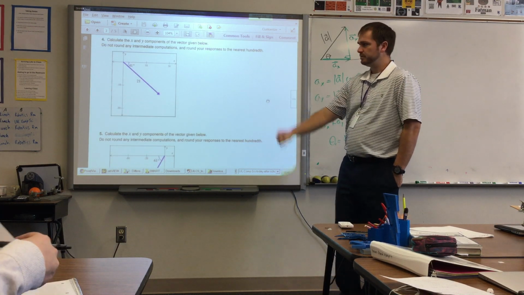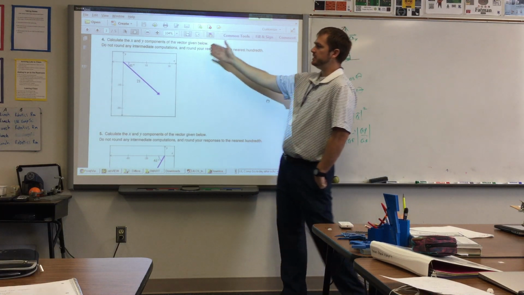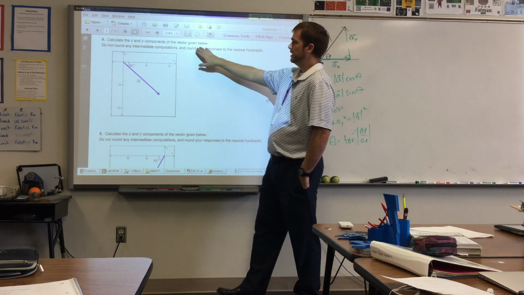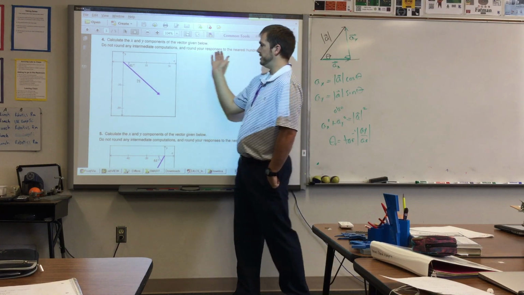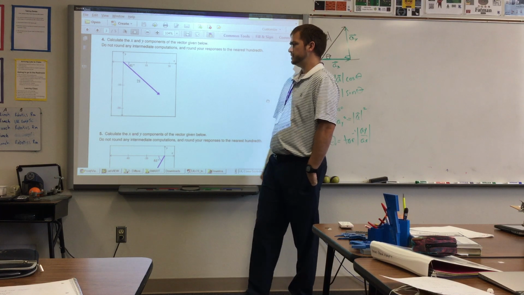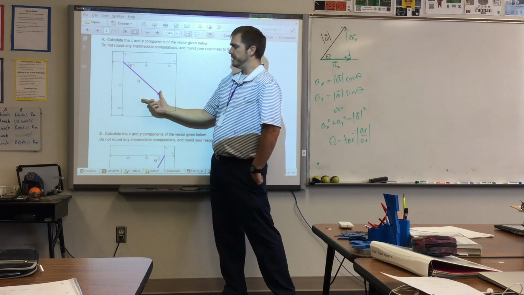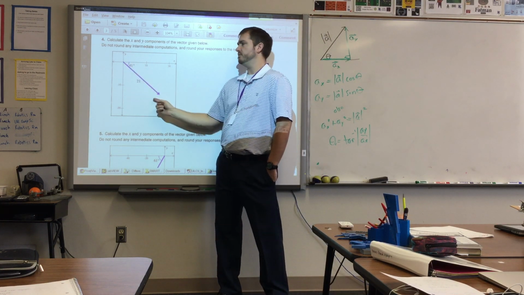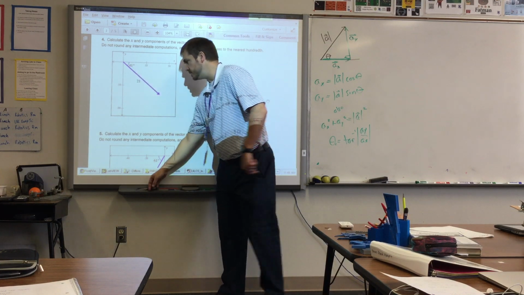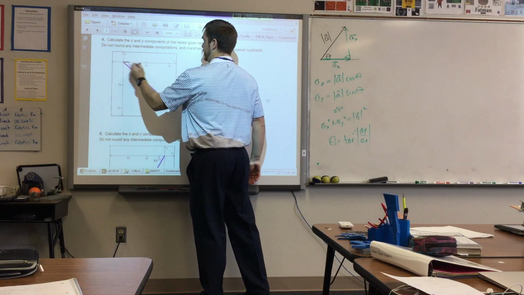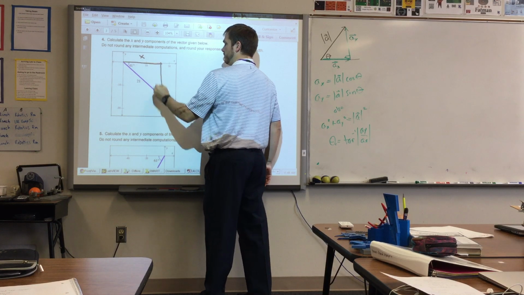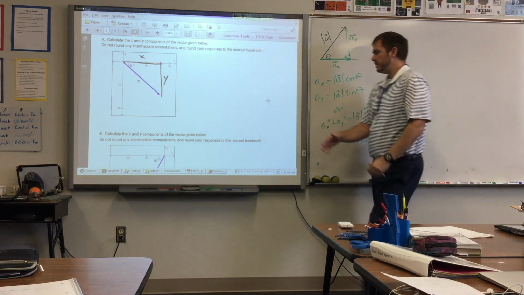But number 4, it says calculate the x and y components of the vector below. Do not round any intermediate computations, and round your answer to the nearest hundredth. Great. So here they actually tell us the magnitude, 21, and the angle, 41 degrees. And they want us to find the x component and the y component. No big deal. We've already done the background.